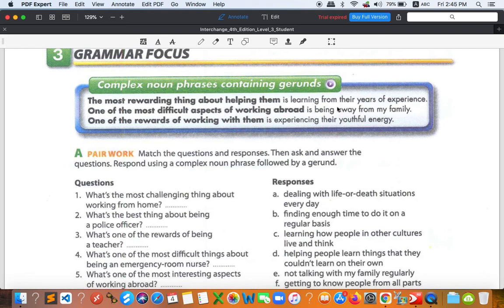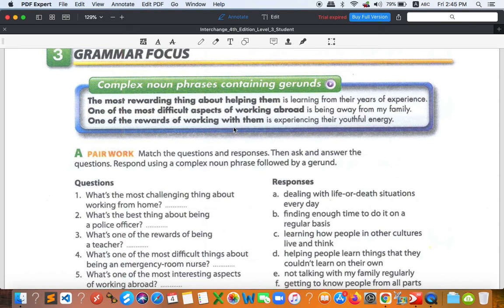And learning from their years of experience is an object, and it is a gerund phrase. Being away from my family is also a gerund phrase. Functions as an object, the same thing as the last one. Okay, so there's nothing else to explain, everybody. It's just a complex one, but actually it functions as a subject.